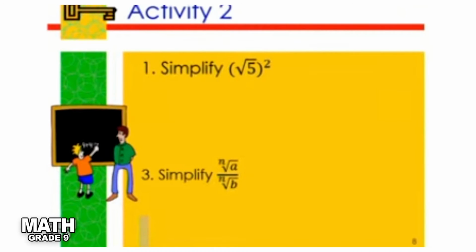Number 1. Simplify the quantity of square root of 5, raised to 2.